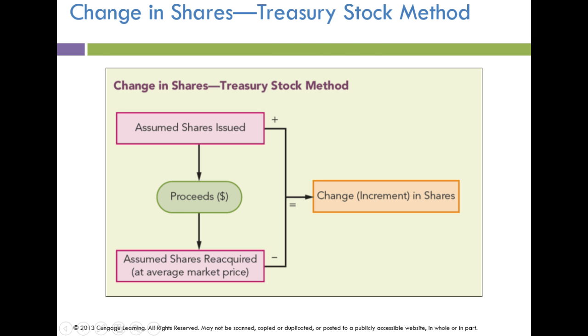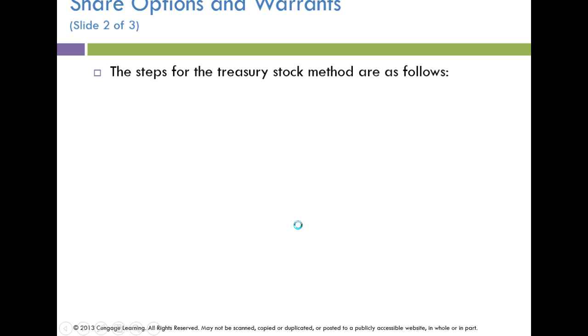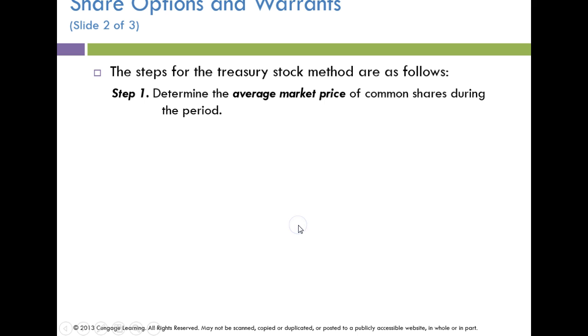So as far as dealing with adding back Treasury stock, we're going to see the assumed shares issued, and then we're going to subtract from that the shares that got reacquired, and that's going to change the number of shares here. Steps for Treasury stock method: we're going to come up with the average market price of common shares.